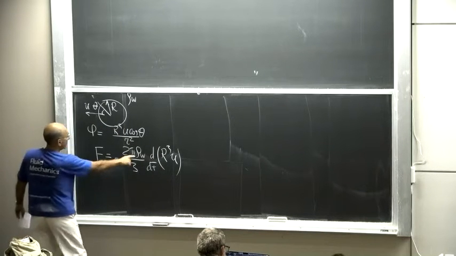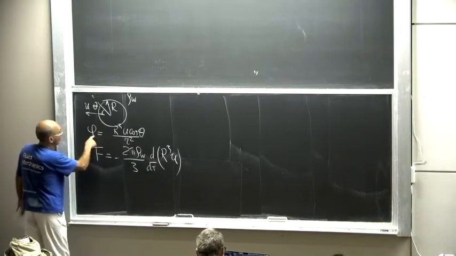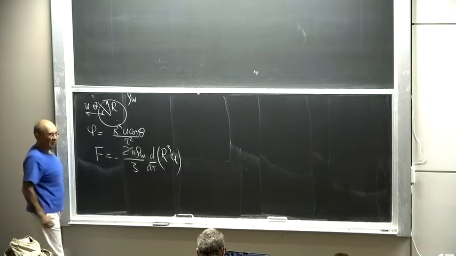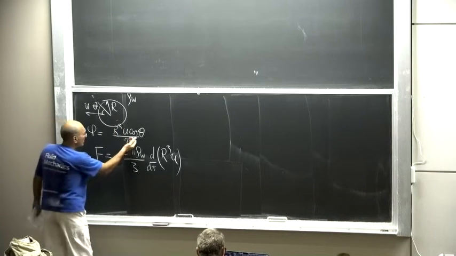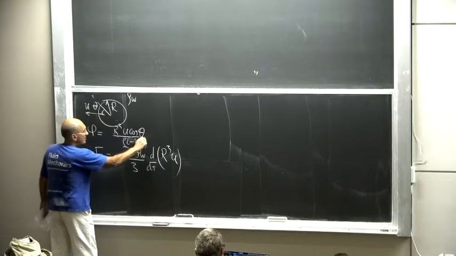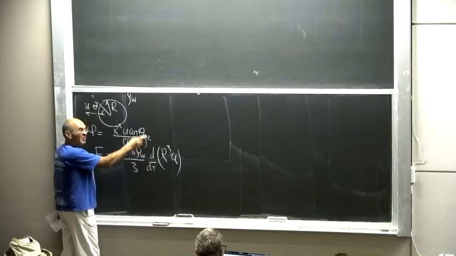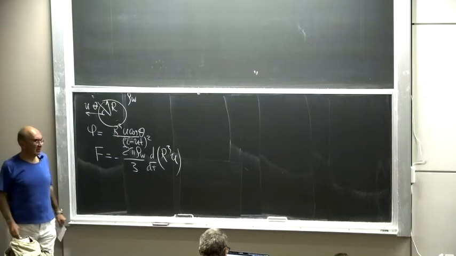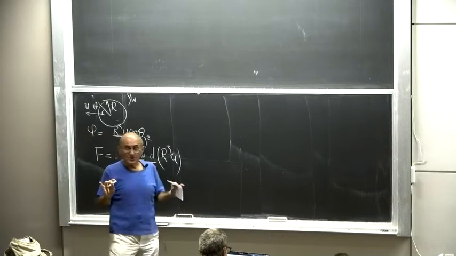Which means that the force directly comes out of differentiating over time this factor. It's essentially written in the reference frame moving with the body. So there is another time-dependent factor here, but then you can check that it does not contribute. That was a sphere, the simplest case.